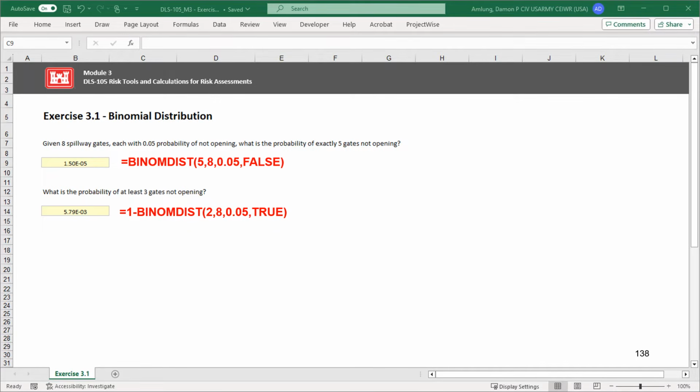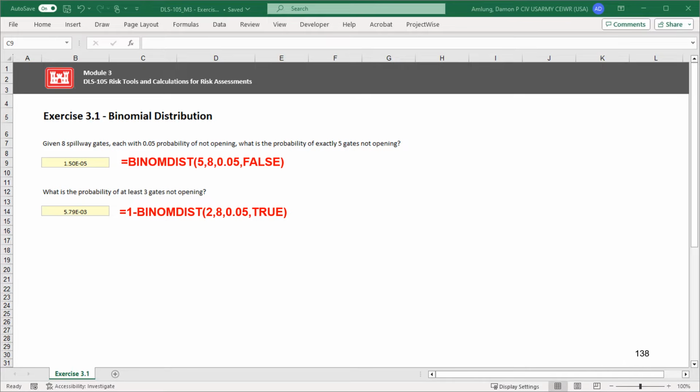For the second question, we need to be careful and use a little critical thinking because the question asks for the probability of at least 3 gates not opening. To do this, we can calculate the probability of 2 or less gates not opening. Then, by subtracting that probability from 1, we can get the probability of 3 or more gates not opening.